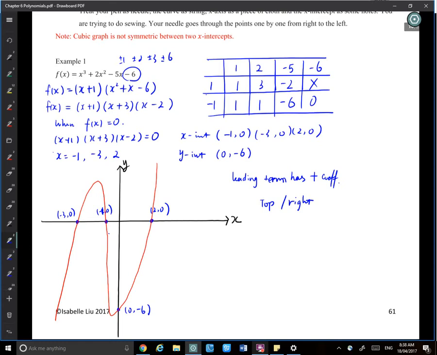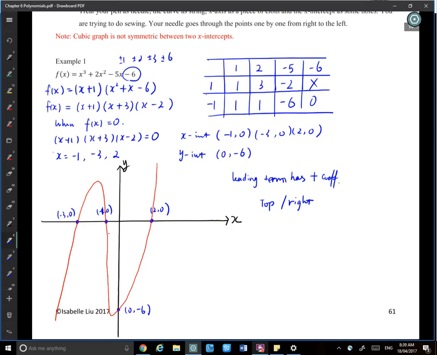If the leading term has a positive coefficient, we will start from the right top. So you can go through every single hole, and you have a graph like that. Start from the right top, go through the first hole and then the next one, and turning back. We don't have any holes back here, so the graph will turn up again.